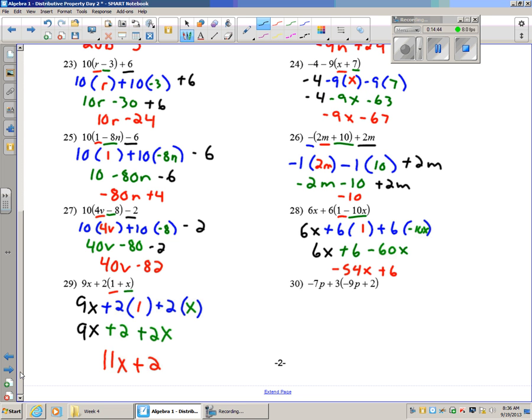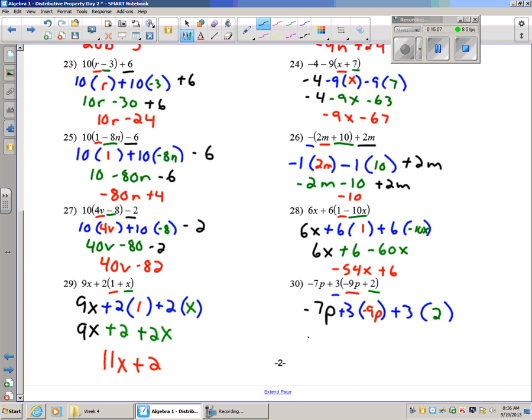Number 30, the negative 7p just drops down. And it's the 3 that's being distributed to two different things. First term being negative 9p. And the second term being 2.